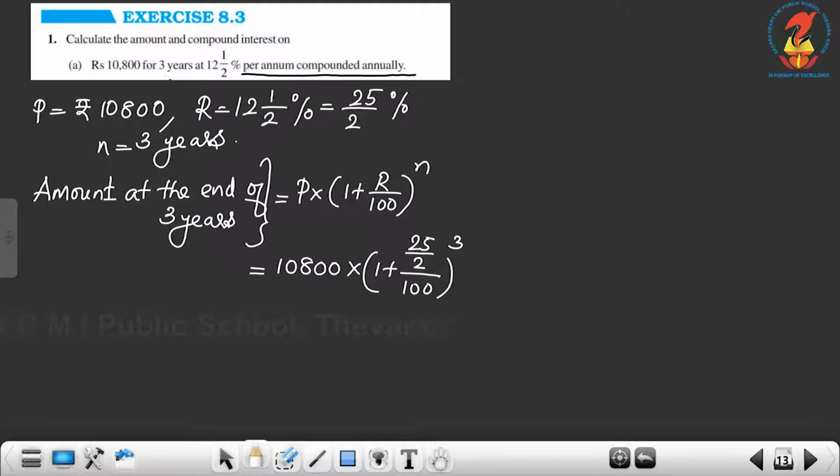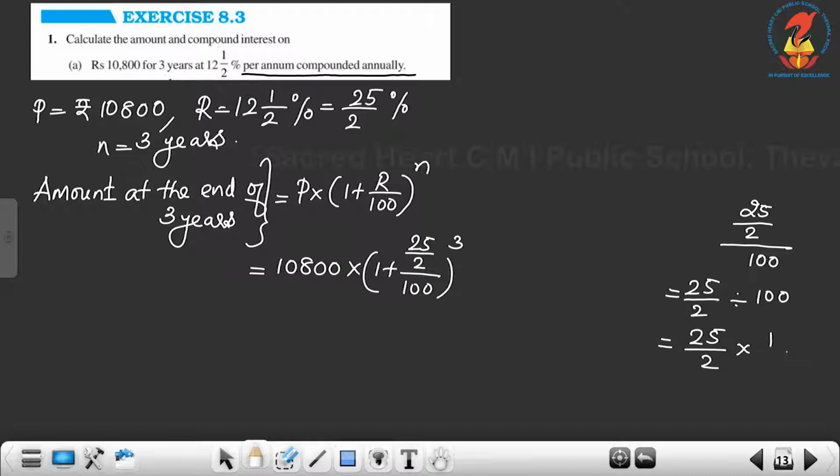Now look at that, 1 plus 25/2 divided by 100. When you substitute the values you should be very careful. How can you write 25/2 divided by 100? 25/2 divided by 100 is equal to 25/2 into 1/100.